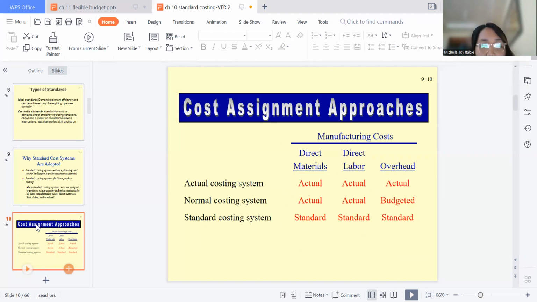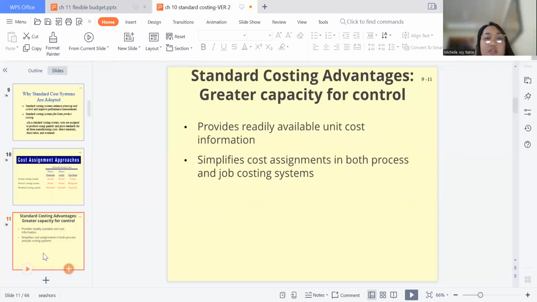In a standard costing system, everything is standard. Now, let's look at the standard costing advantages: greater capacity for control. It provides readily available unit cost information and simplifies cost assignment in both process and job costing systems.